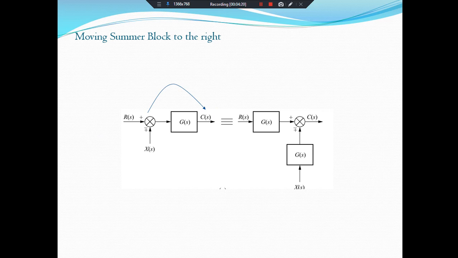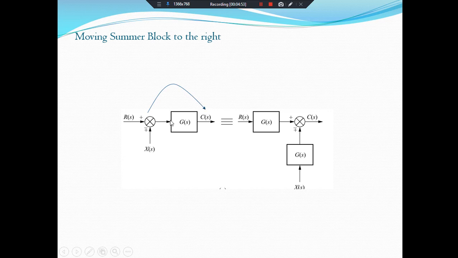If there is a complicated system and we want to write its transfer function, the system has to be simplified, either in series, parallel, or feedback path. If the feedback path is not appearing, then we can move the summing junction from right to left to get the standard form, so that we can write the transfer function of our system.